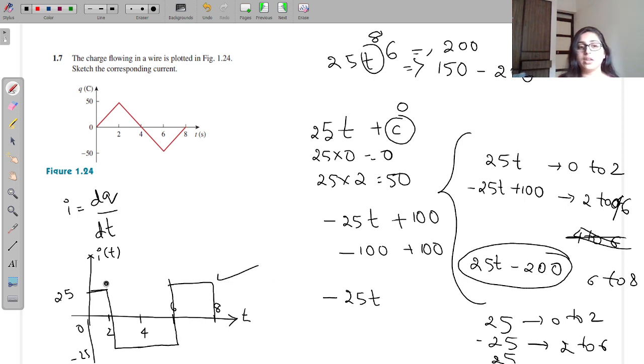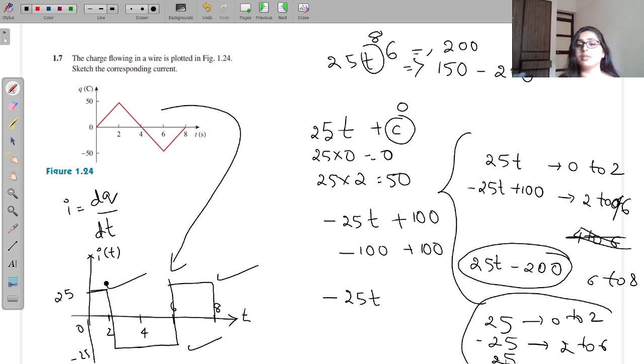See, 25 minus 25. So this is through the equations. This is directly by observing the graph I have differentiated this. Okay, so using the expressions or equations I have come to the conclusion. Now from this I can draw the current, right? So this is the current sketch.